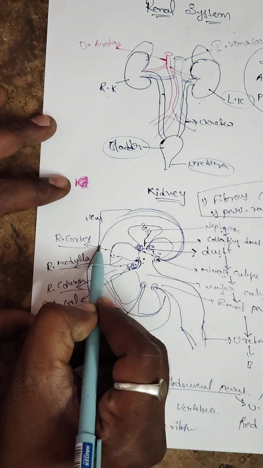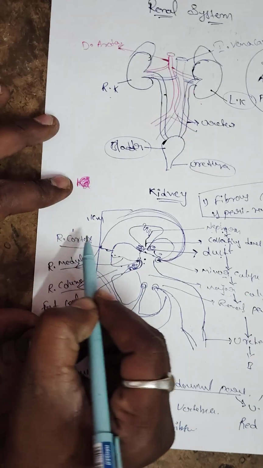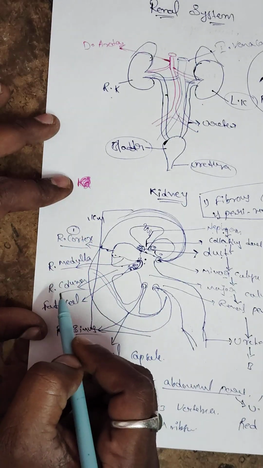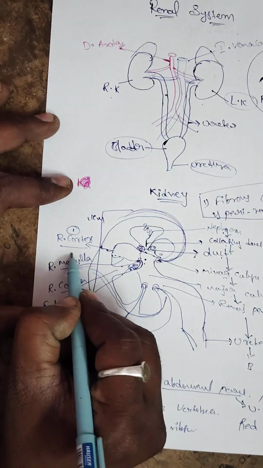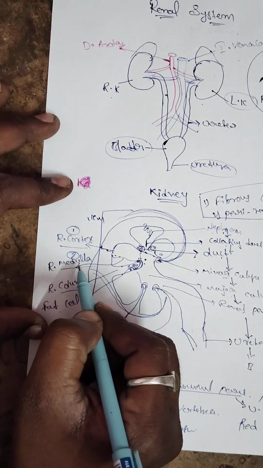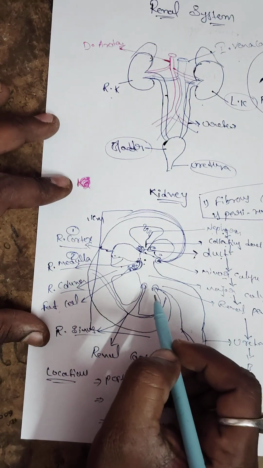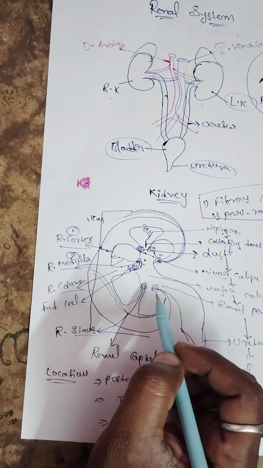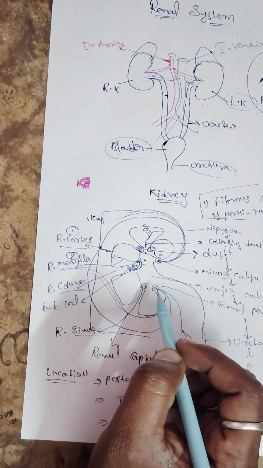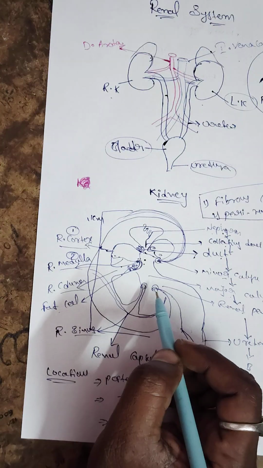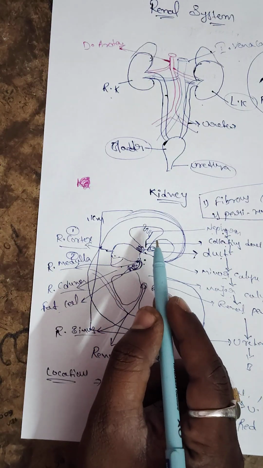The first point is called the renal cortex, and the next point is the medulla. Number 2 is the medulla, and the next one is the capsule. In the gross structure of the kidney, in the longitudinal section, 3 areas are detected.